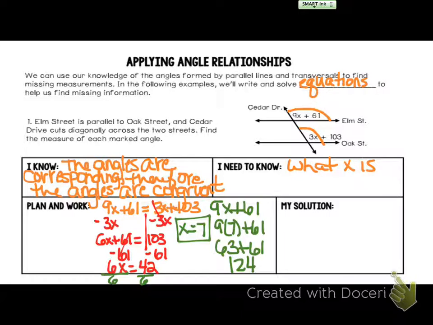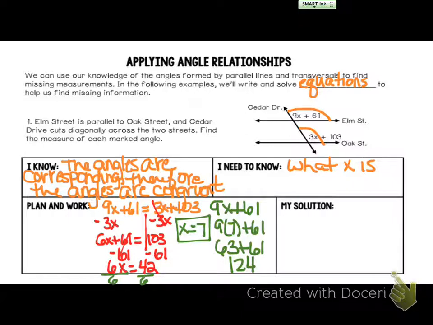Okay, so should I check the second equation? No. Yes, I should. You know why I should? Because I want to make sure that my math is correct, don't I? Even though they're congruent. So when I plug in the 7 into my second expression, if it also equals 124, I know I did my math right.